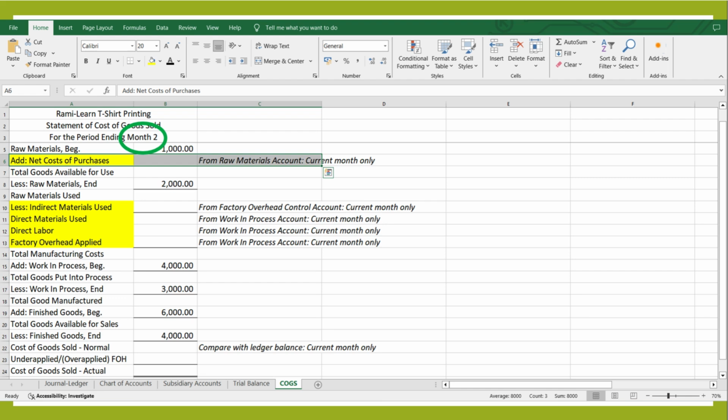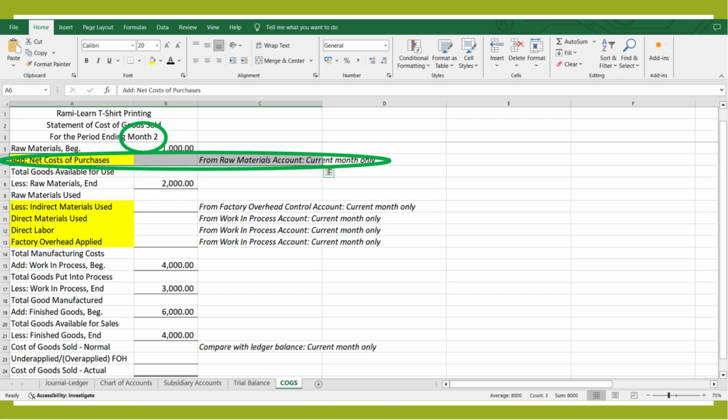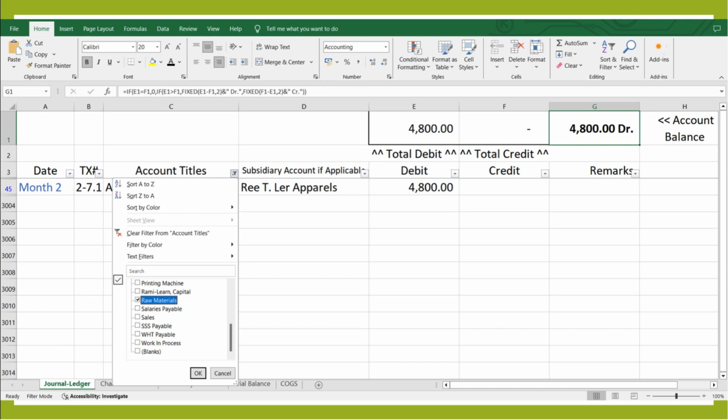After forwarding the beginning and ending balances of all inventories, we will proceed to the remaining items, starting with the net cost of purchases. But where can we find this amount? It can be found in the raw materials ledger.